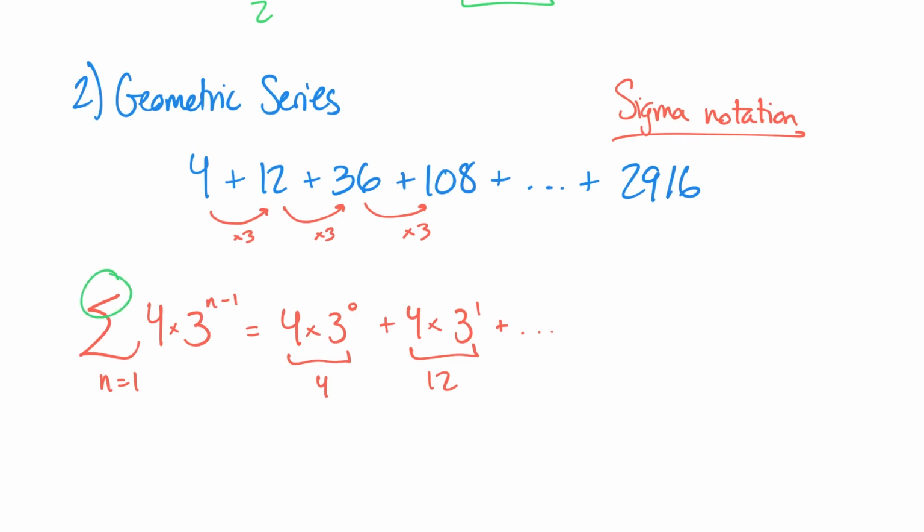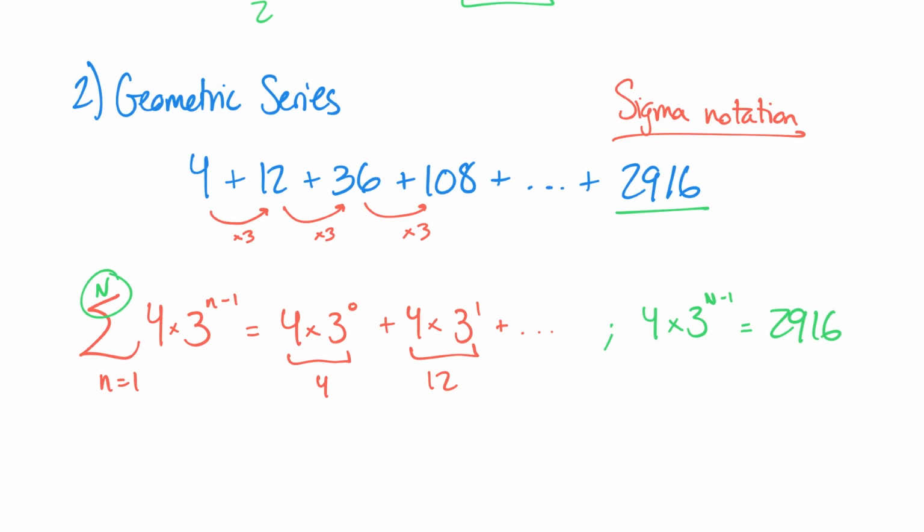When does this series end? Well, very simple. This number here, n, will give us our final term. So, this means that 4 times 3 to the power of uppercase N minus 1, the last number, is going to be equal to the last term.